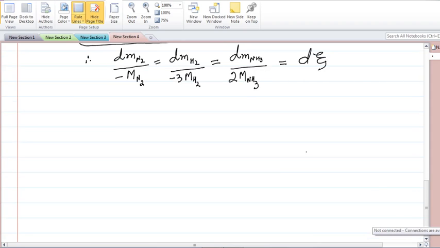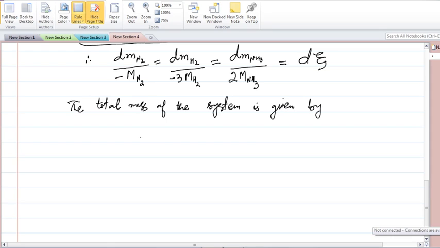So for this case also the total mass of the system is given by, that means the m will be simply equal to summation of the masses in different reactions.